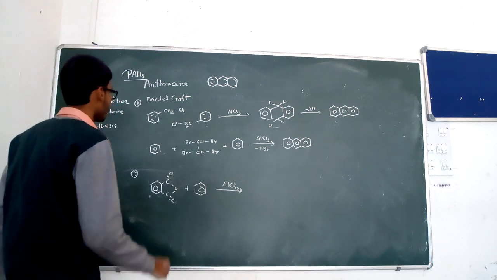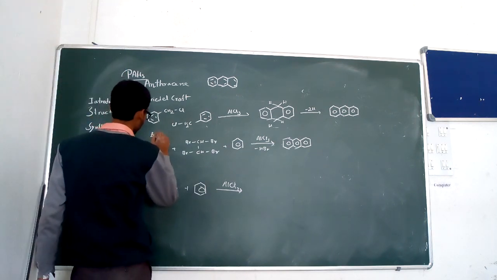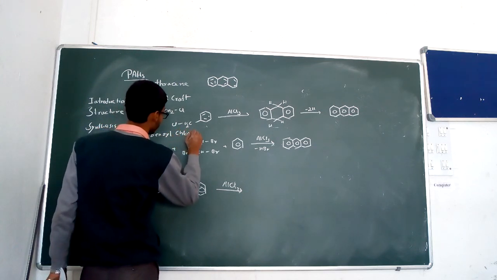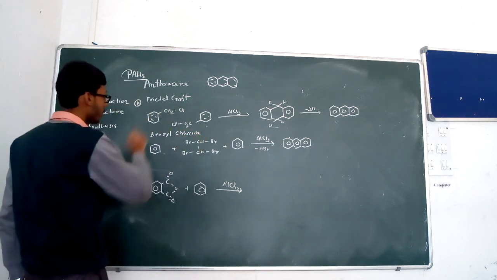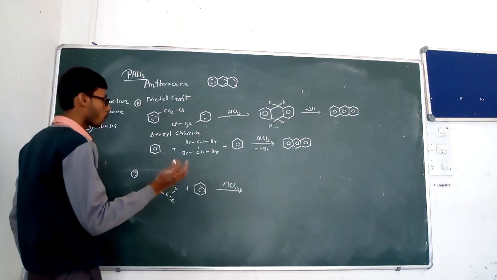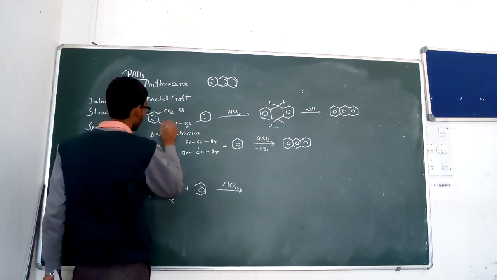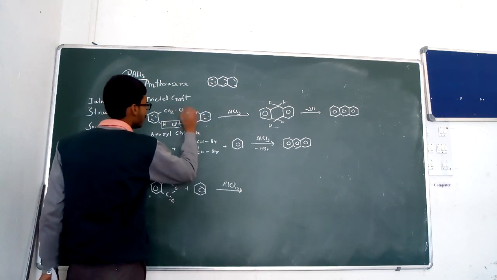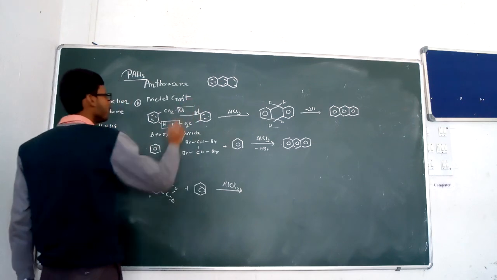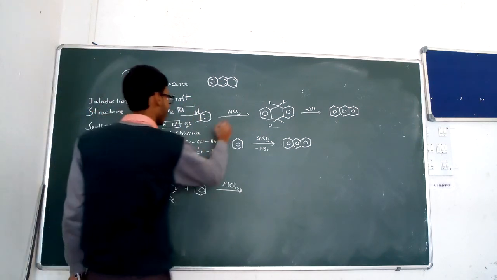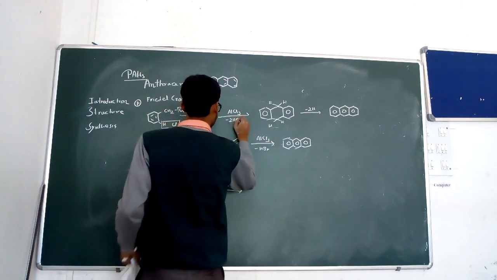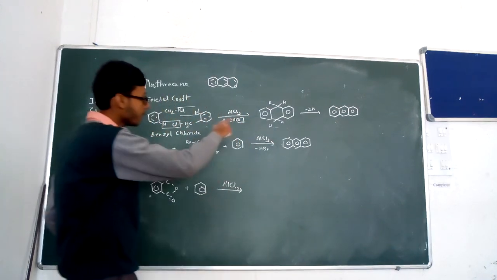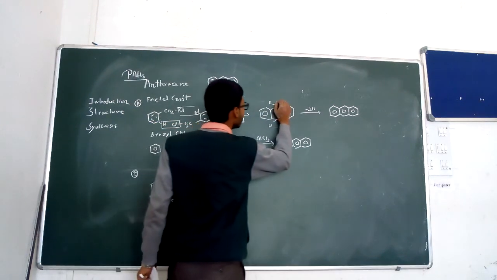So the first starting material used is benzyl chloride. Two moles of benzyl chloride react with each other. It eliminates HCl, having one hydrogen and eliminating 2 moles of HCl, and forms dihydro at the 9 and 10 position.